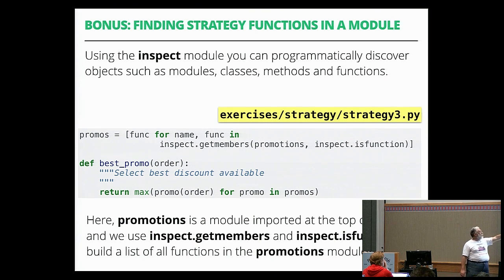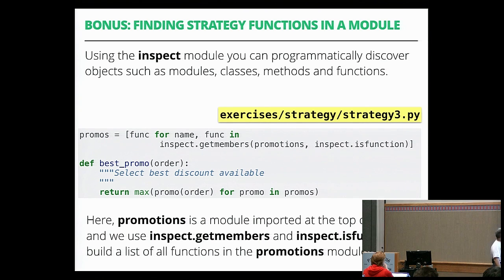And then I use this function, getmembers, from the inspect module. So the inspect module is there to help you do introspection, to help you gather information about the program, about modules, about functions, classes, and so on. In that case, the getmembers function gets at least one argument. The first argument is the object, which may be any kind of object.